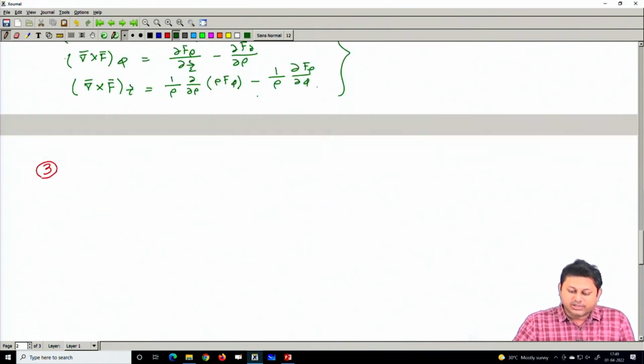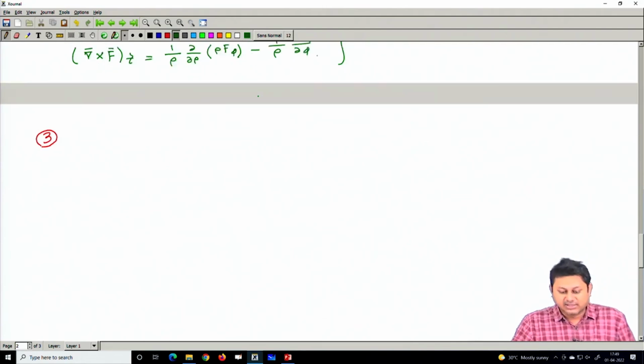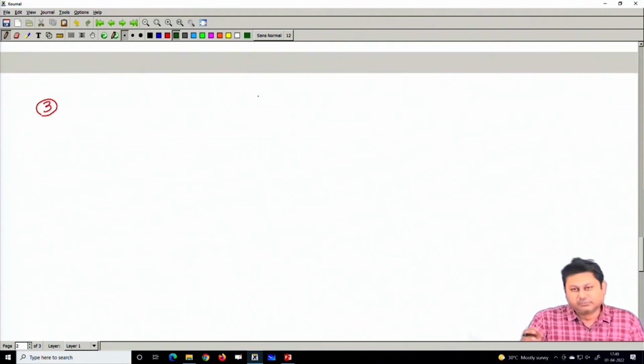But for the spherical coordinate system, there are two scaling factors which are not equal to 1, and that is why things will be a little bit complicated.